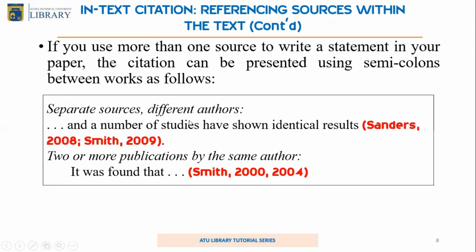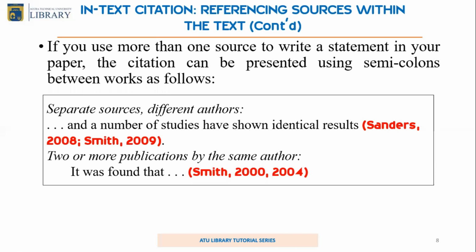If you use more than one source to write a statement in your paper, the citation can be presented using semicolons between works as follows. So this time around, looking at what we have, we are saying that we consider 2 articles or 2 materials or 2 publications, and we came out with this particular statement, assertion or fact.